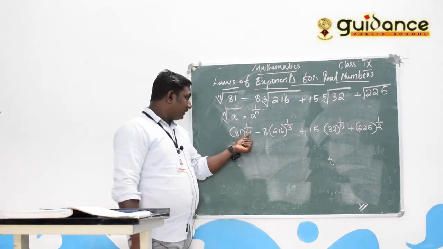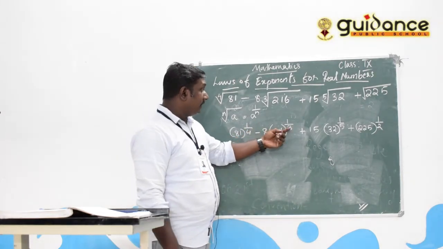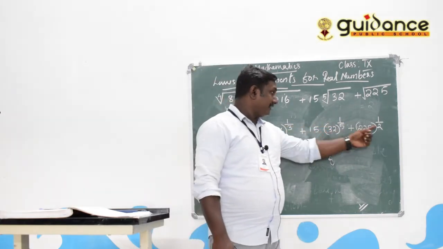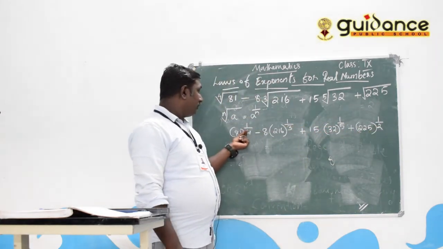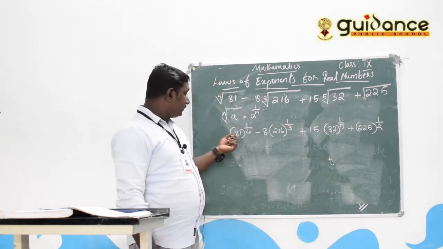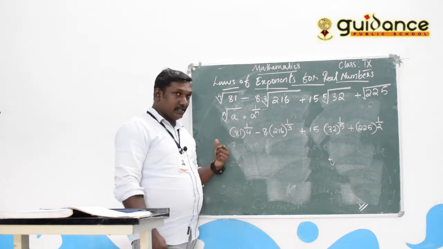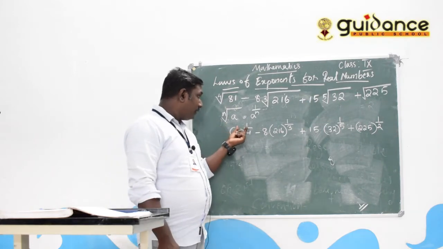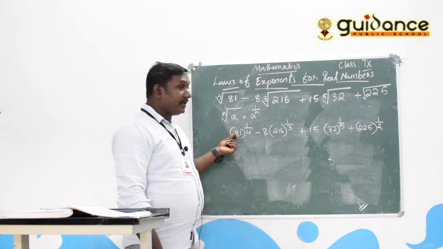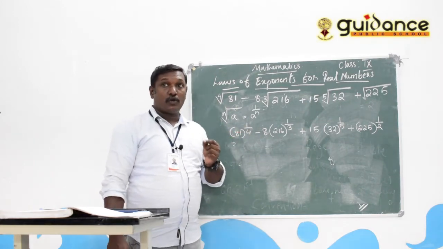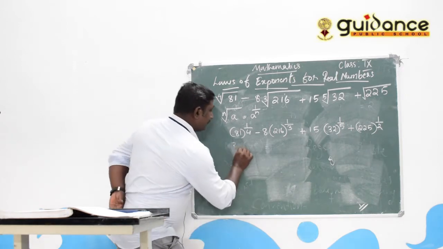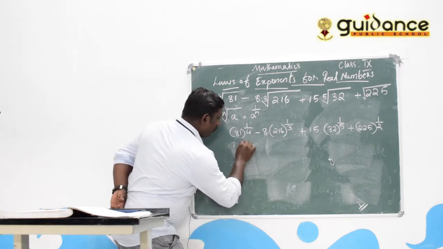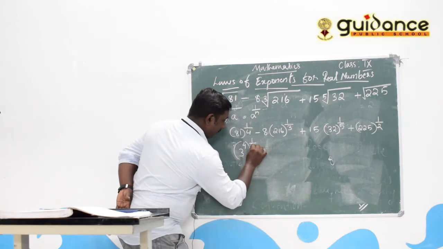From this, we have to check the denominators of all the exponents. According to that denominator, the number inside the bracket has a relationship with it. Look here, 1 by 4, so we can write 81 as 3 raised to 4, all raised to 1 by 4.